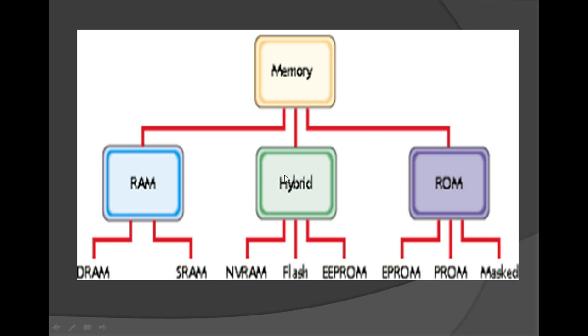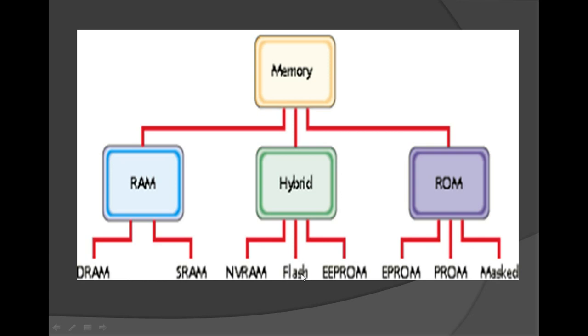Moving toward next, here you can see the classification of memory. The memory is basically classified into three main types, that is RAM, the second one is hybrid memory, and the third one is ROM memory. The RAM memory is again classified into two types, that is DRAM or SRAM.